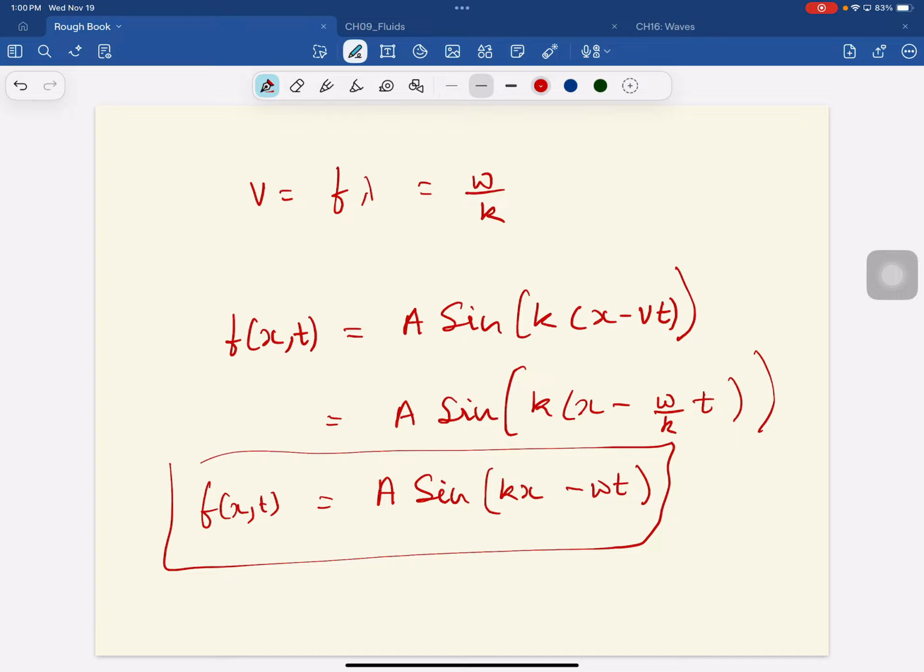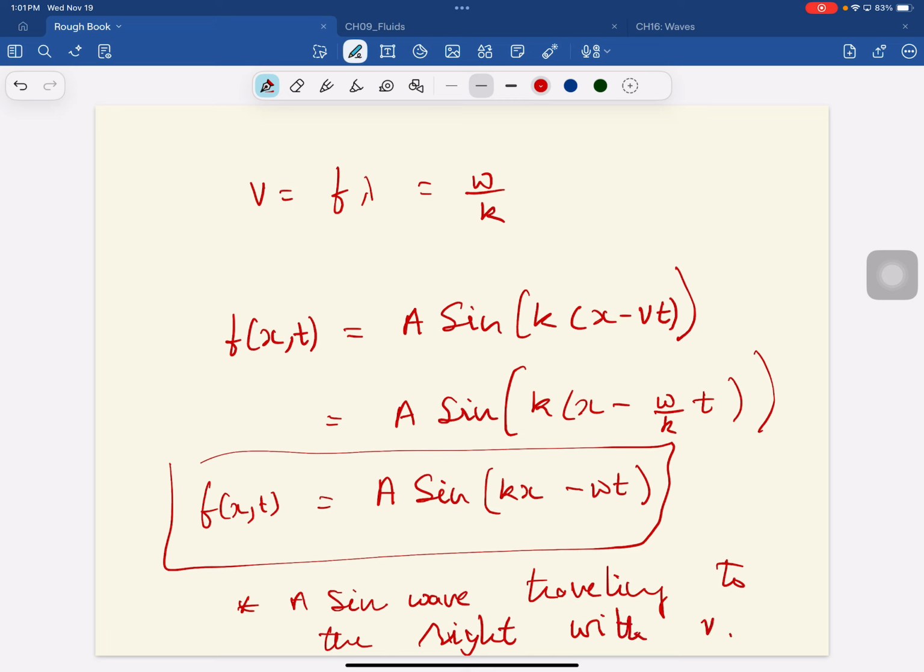So what you have learned is, what is this? It's a sine wave traveling to the right with velocity v. Here's a wave: that's the amplitude, which is related to the intensity of the sound.